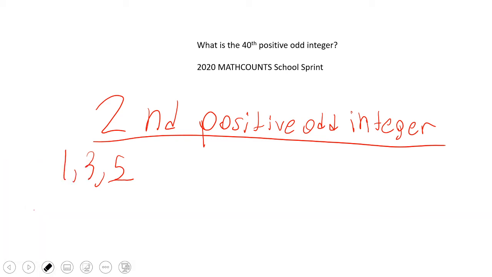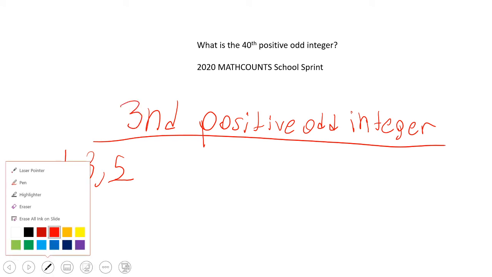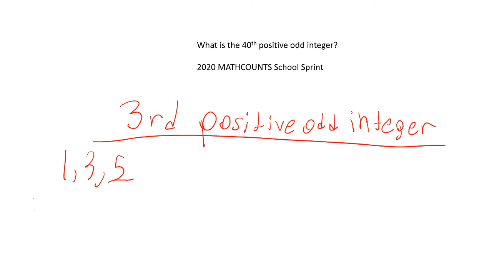Let's see if we can use our old method to get it. 1, 3, 5, that's the third positive odd integer. When I think of third, I think of 3, and I'm going to multiply it by 2. That's the same thing we did last time. 3 times 2 is 6, minus 1 gives us 5. So that's one way that we're getting it every single time.